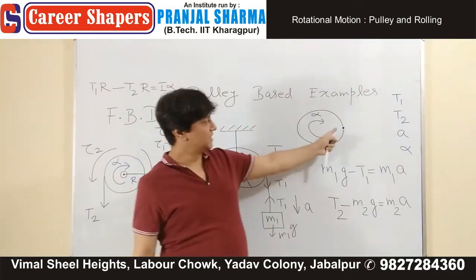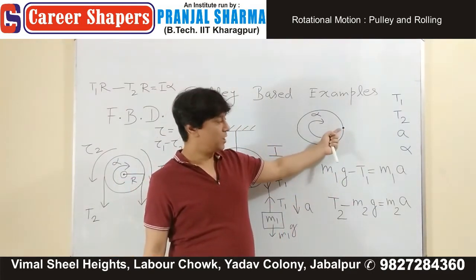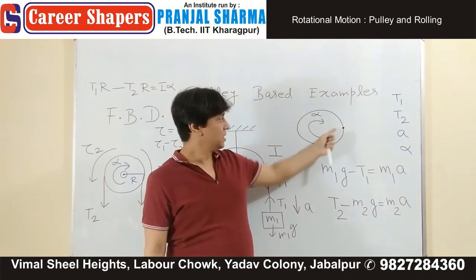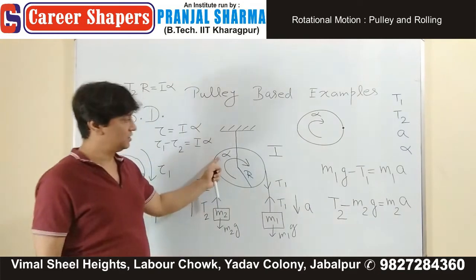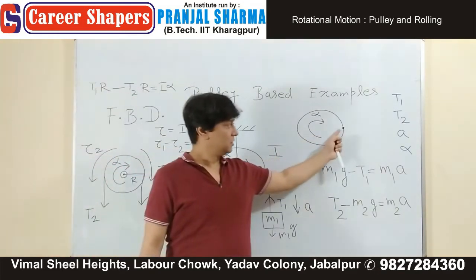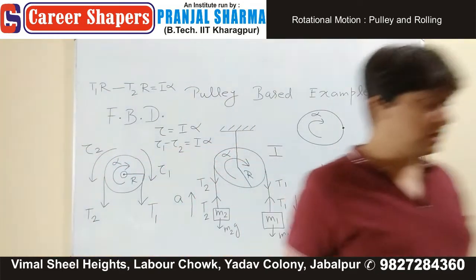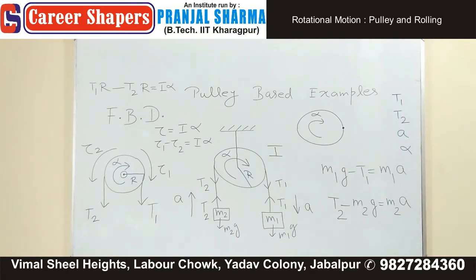What is the tangential acceleration of this point on the pulley if the pulley is rotating with an angular acceleration of alpha? If you can answer this, answer in the comment box. What is the tangential acceleration of any point on the circumference of the pulley?